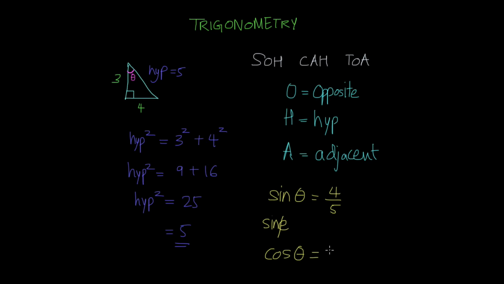So cosine of theta equals 3 over the hypotenuse, which is 5. Finally, if I were to do tangent of theta, well, tangent of theta is opposite over adjacent. The opposite side is 4, and my adjacent side is 3. So the tangent would be 4 over 3.